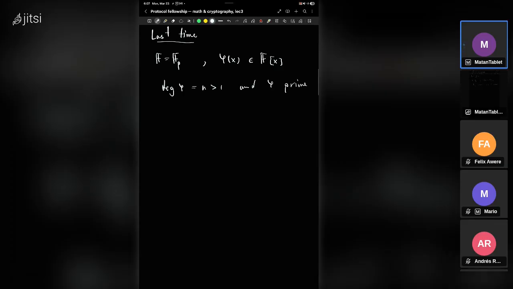Prime meaning that you cannot write it as a product of two non-constant polynomials.